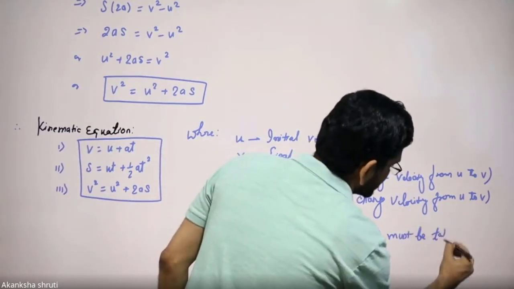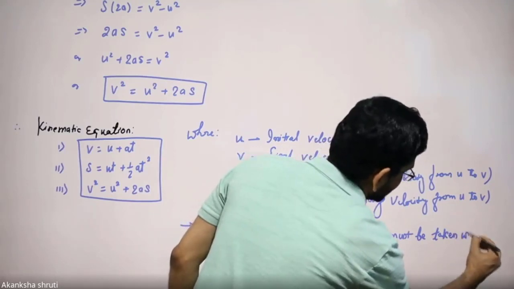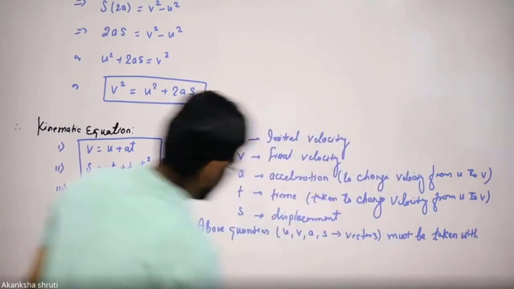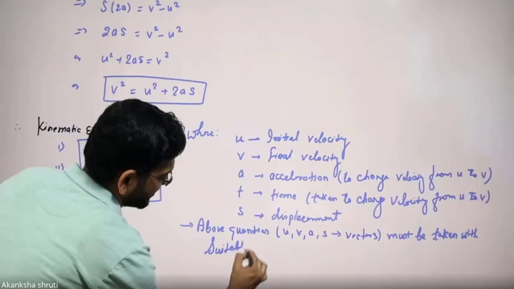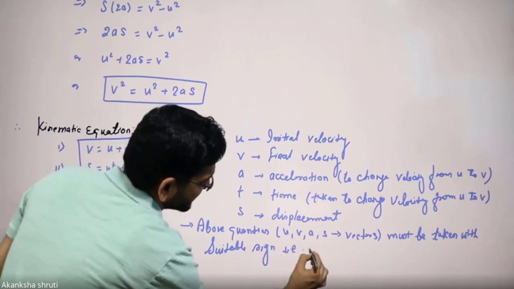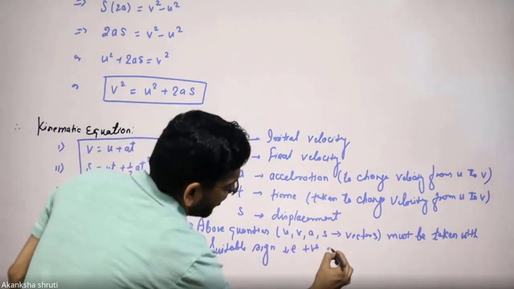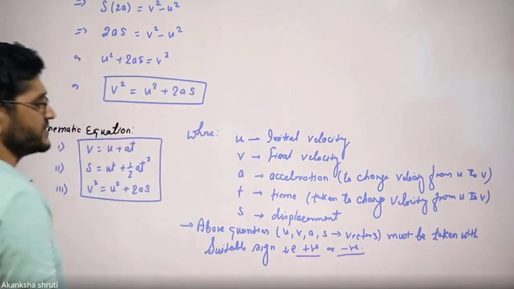How to take the sign? Next day I will explain. They must be taken with a suitable sign. This sign means either positive or negative, depending on which condition it is satisfying.